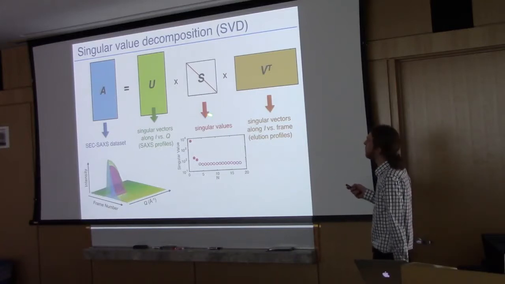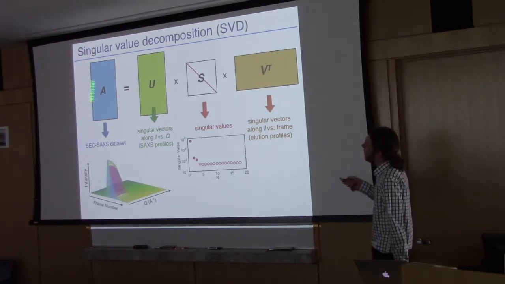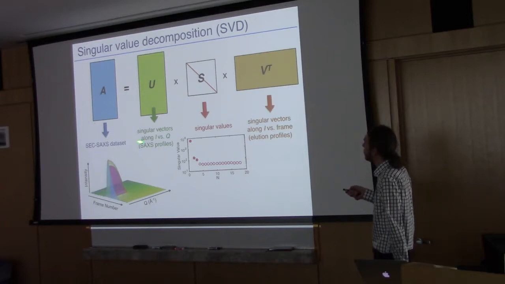It's a linear algebra method where the goal is to take your data set, which we'll call a matrix A. In this matrix A, each of the SAXS profiles is a column. You want to represent it as a product of three matrices. This matrix U, called the left singular vectors, you can think of as a set of SAXS profiles.